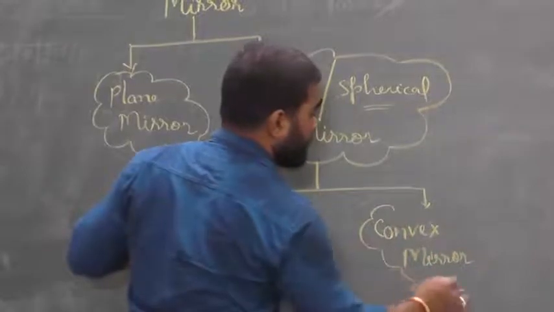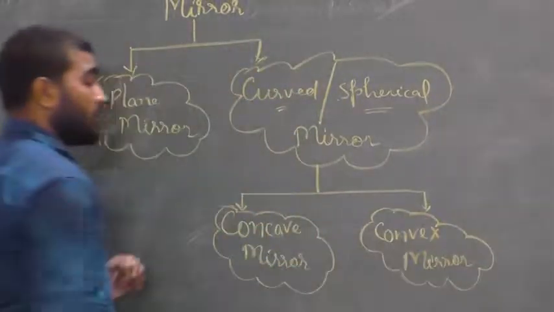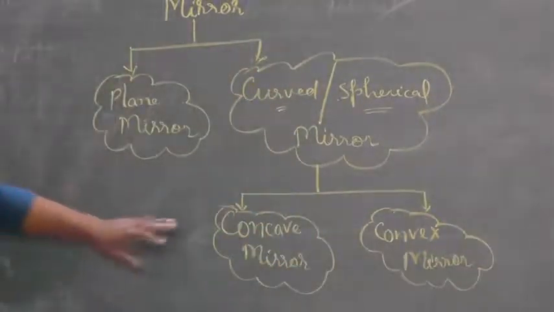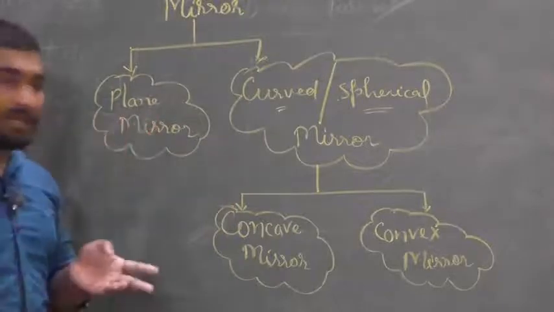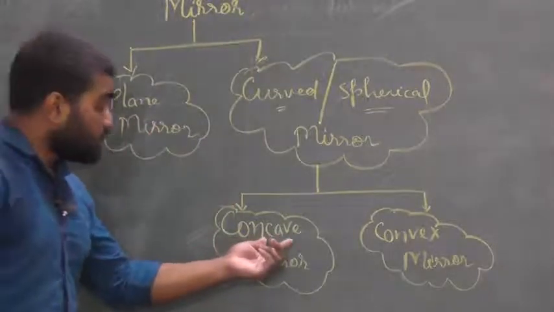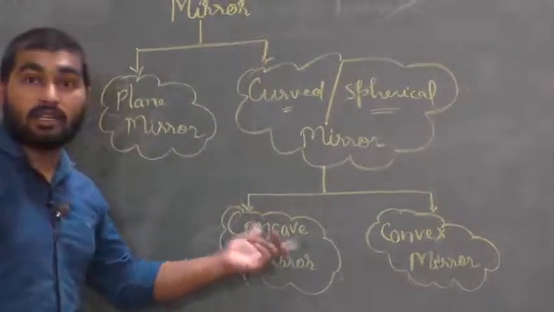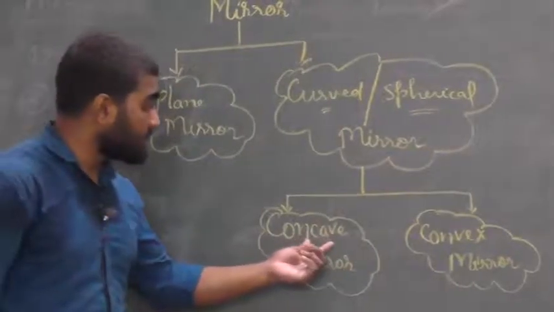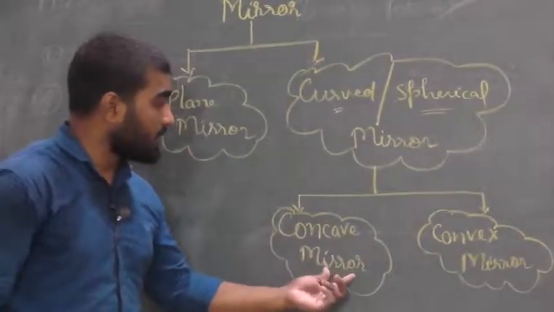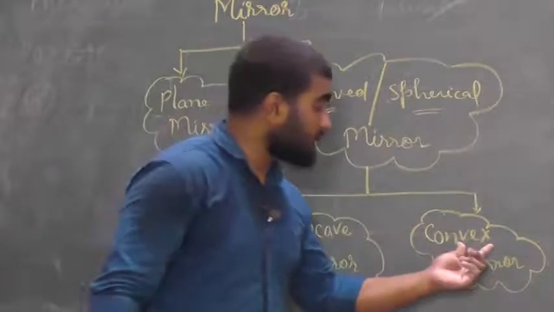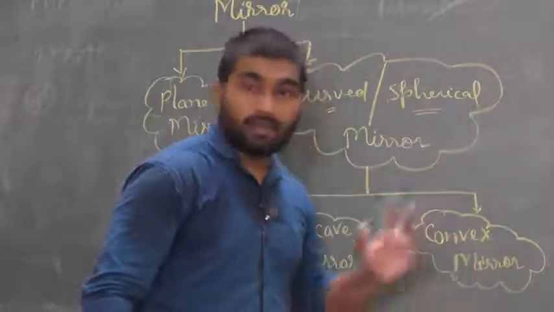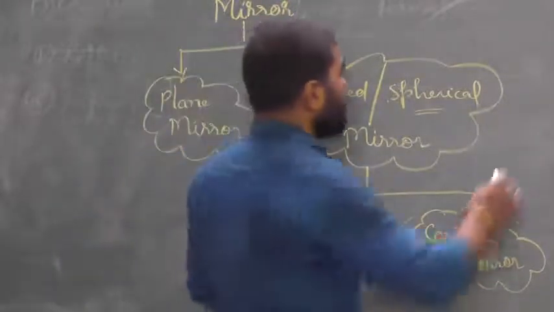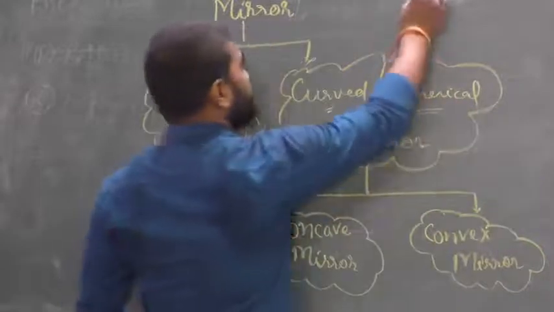First one is the concave mirror, and the second one is the convex mirror. Just like a plane mirror, the mirror whose reflecting surface is concave is called a concave mirror, and the mirror whose reflecting surface is convex is called a convex mirror. I just want to clear one thing.